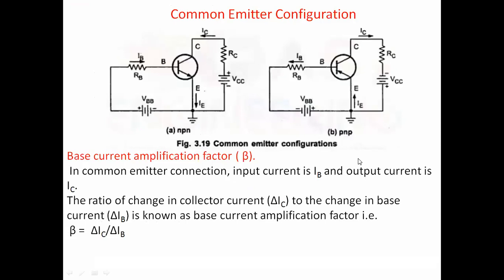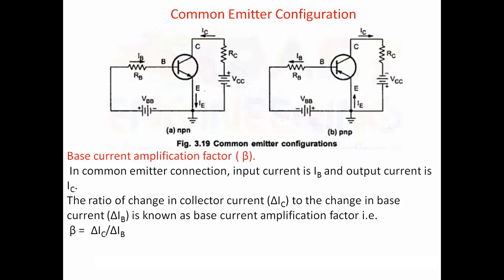Similarly, consider the common emitter configuration. Here the emitter is common for both the input and output side. So the input current is IB and the output current is IC. From this we can get the base current amplification factor. The current amplification factor for the common emitter configuration is called beta, whereas for the common base configuration it is alpha.